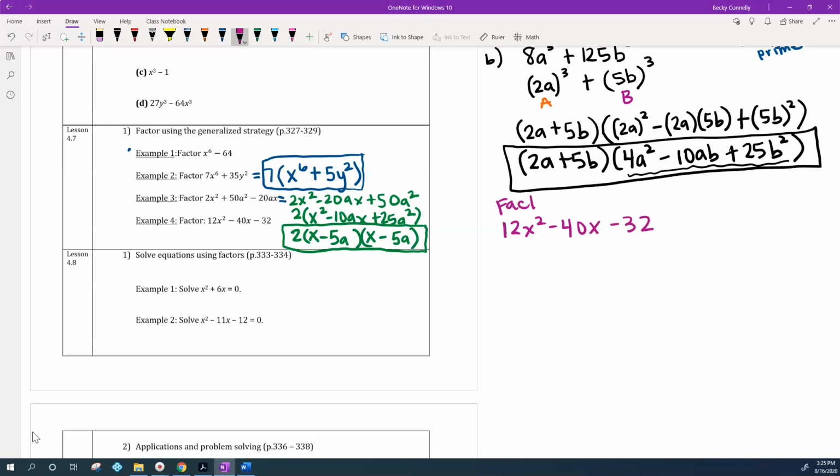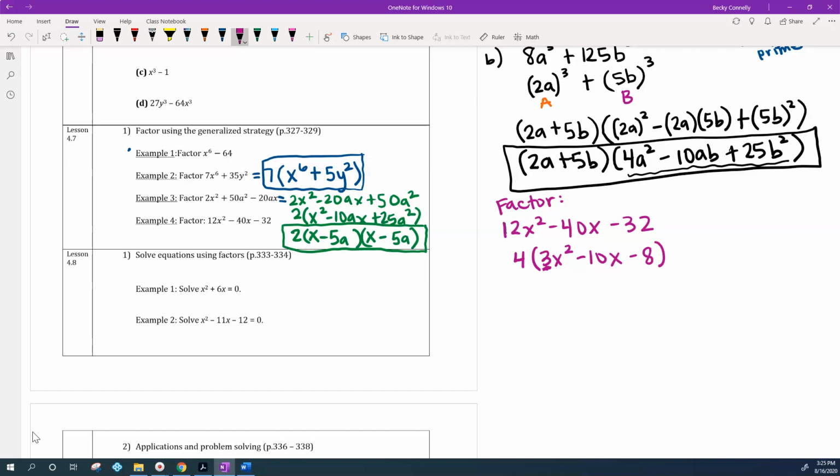Just trying to factor this. Again, I look for a greatest common factor. It looks like 4 can divide into all of these, leaving me with 3x squared minus 10x minus 8. And now my leading coefficient in this trinomial is not a 1.